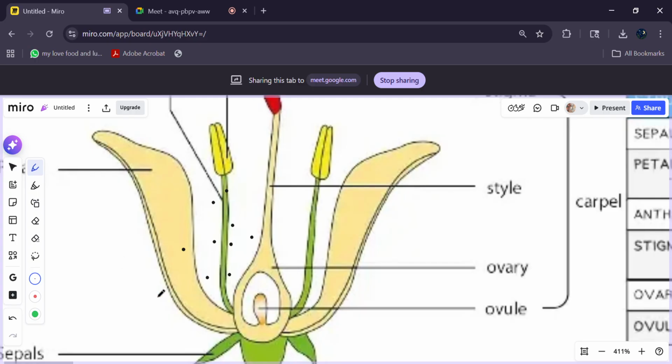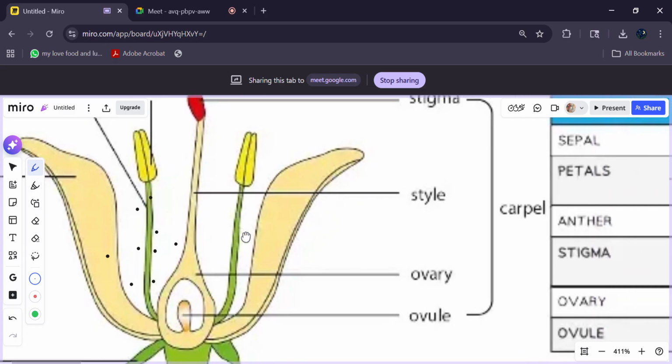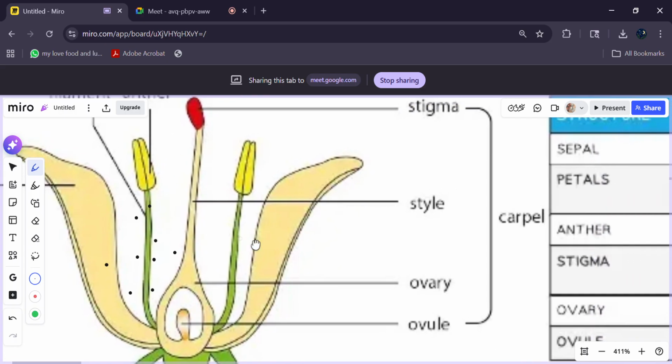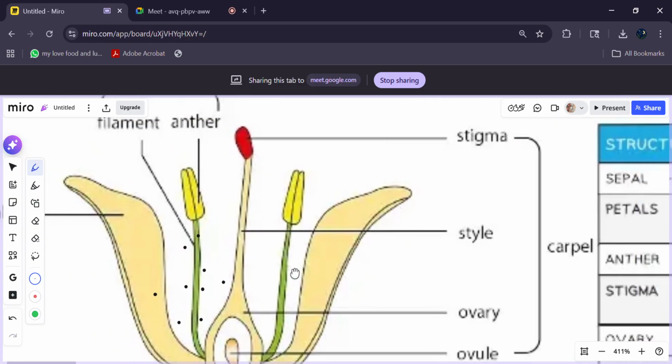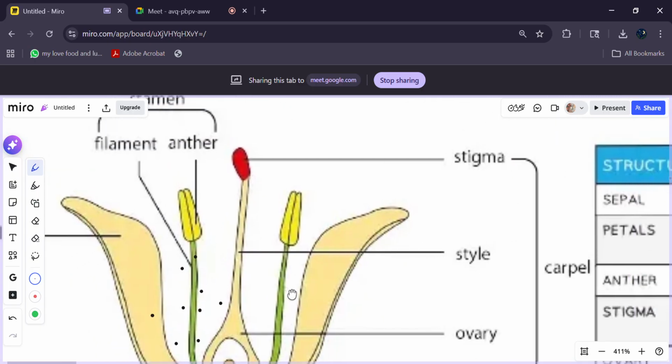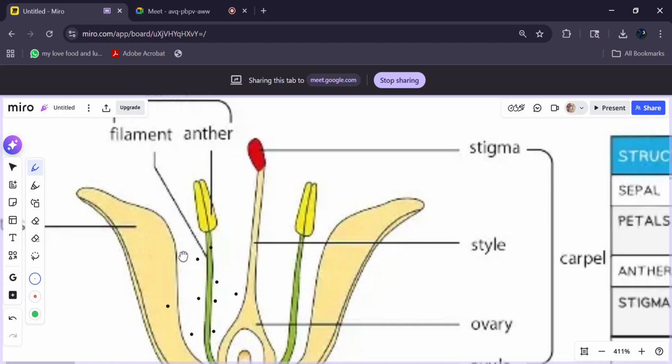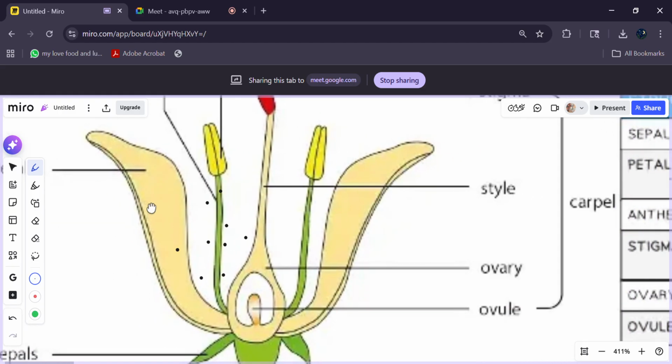The normal number of chromosomes is called the diploid number, and half the normal number is called the haploid number. For example, if a cell has a diploid number of 20 chromosomes, the daughter nucleus will have a haploid number of 10 chromosomes, and the nuclei in the pollen grains contain a haploid number of chromosomes.